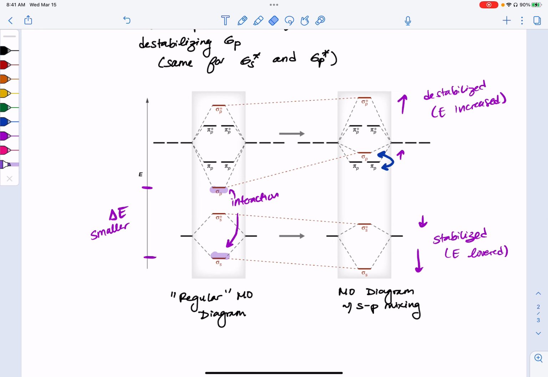So we now see that our pi molecular orbitals are more stable than our sigma p molecular orbitals, which means that we are going to fill our pi MOs first.